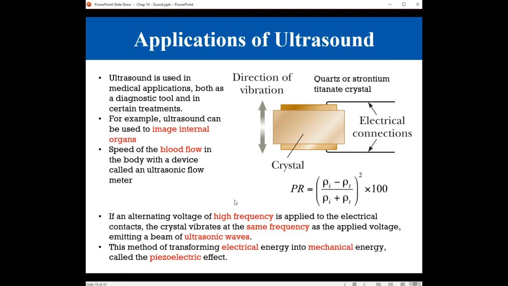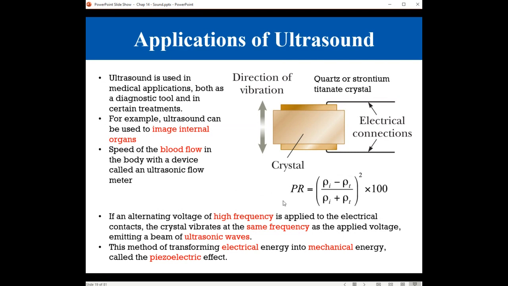In general, when we use ultrasound waves, as they penetrate a medium, when the medium density changes, part of the wave will be reflected and the other part will be transmitted.